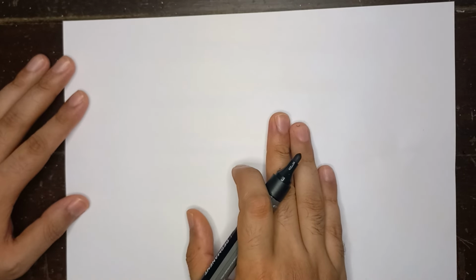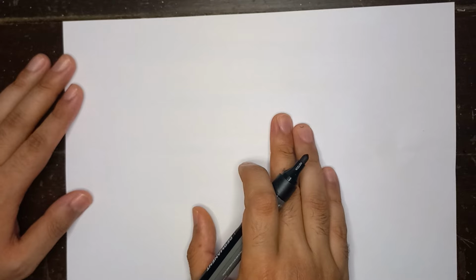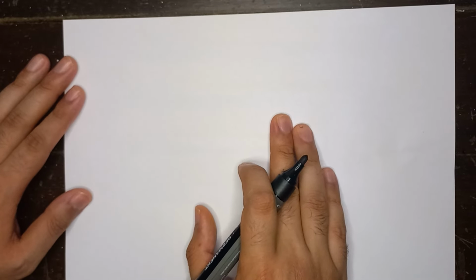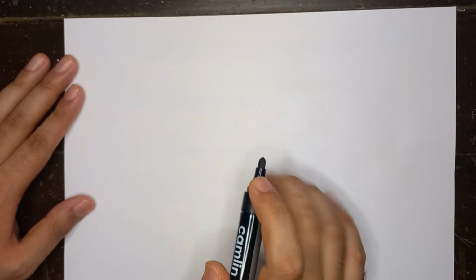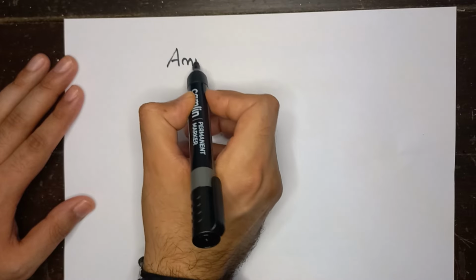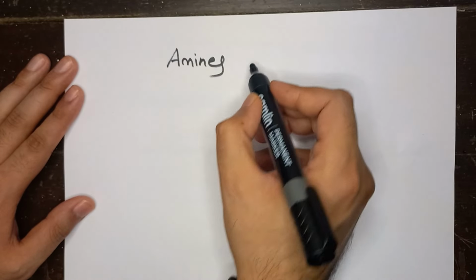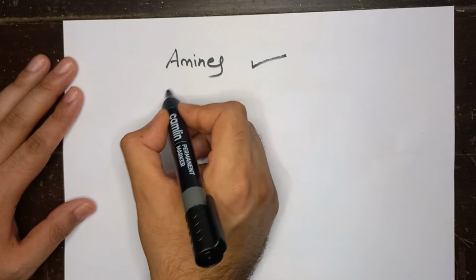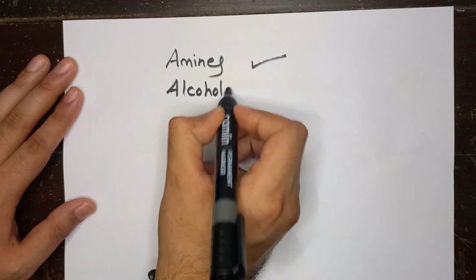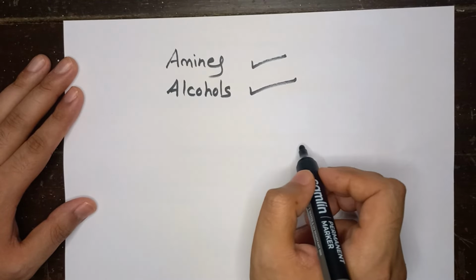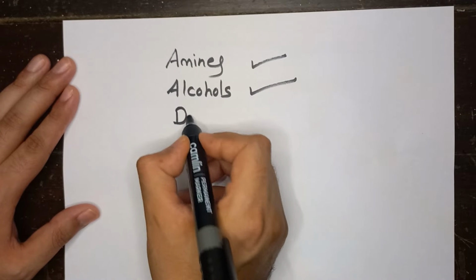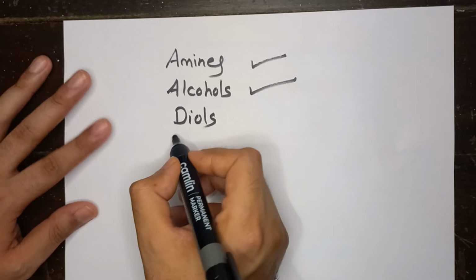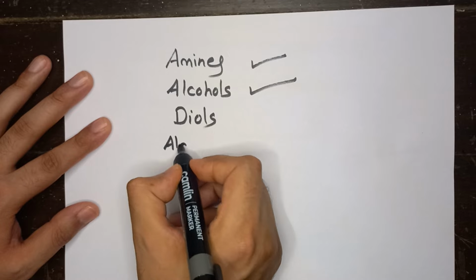Okay, so a quick flashback. Whatever we have discussed till now in protection and deprotection. We discussed amines. We solved problems based on that. We discussed alcohols. We solved problems based on that. We discussed diols also. We discussed aldehyde and ketone.